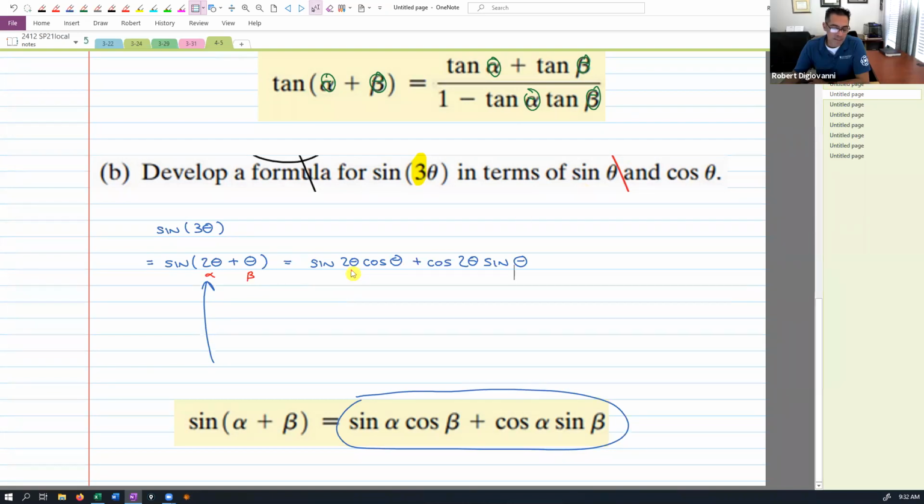Now, notice I did not put parentheses around the 2 theta. Do y'all see that? This is one of those places where in math you have to be careful because it's just notation, and it's understood that this 2 theta is inside of this sine. I'm only doing this because a lot of times in textbooks, they'll leave out the parentheses.